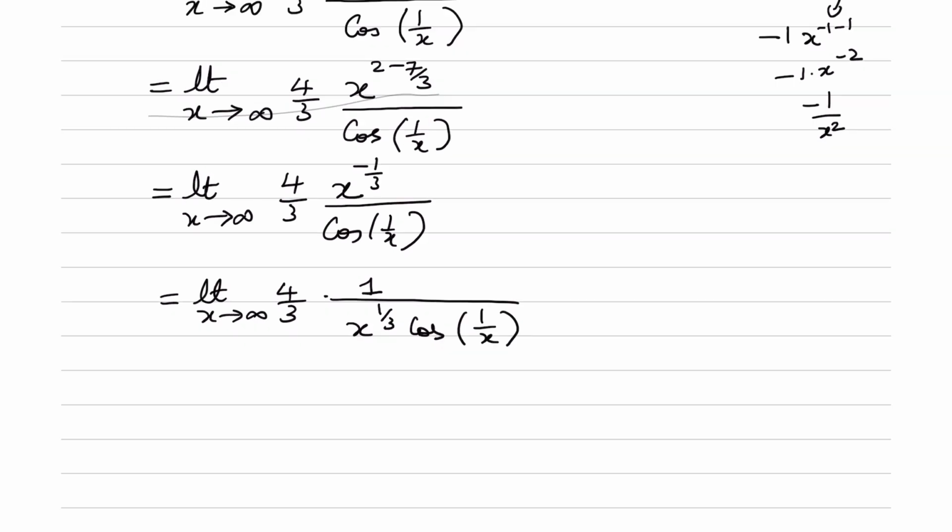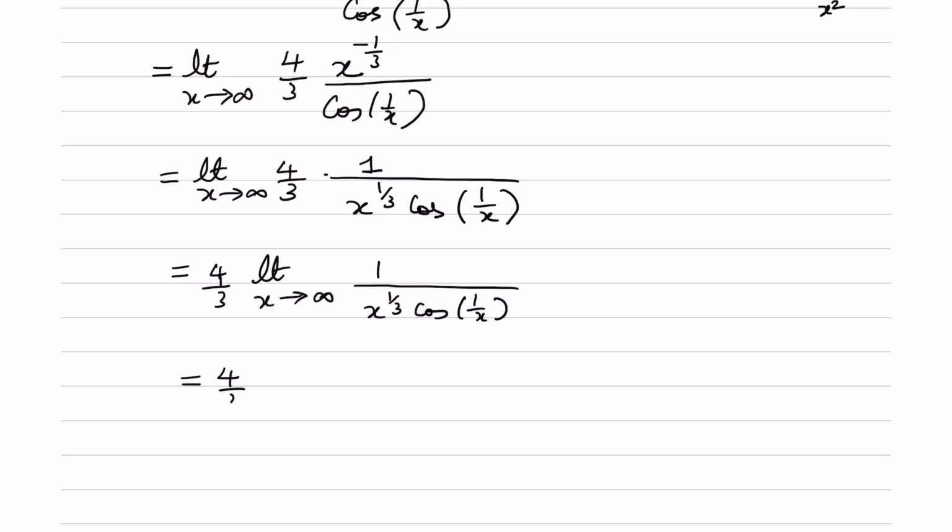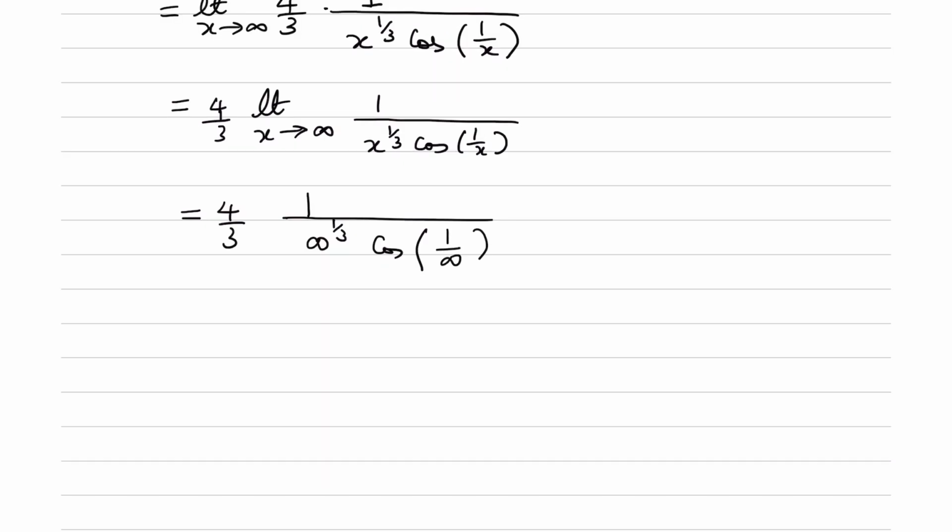Now that we have simplified it to its very last step, we will apply the limit. 4 by 3 is the constant. We are simply taking it out and applying the limit x approaches infinity on 1 over x to the power 1 by 3 cos 1 over x. When we apply the limit, we have infinity to the power 1 by 3 cos 1 over infinity.